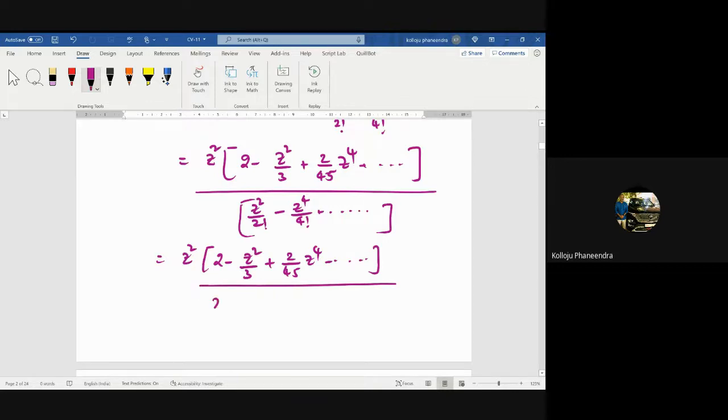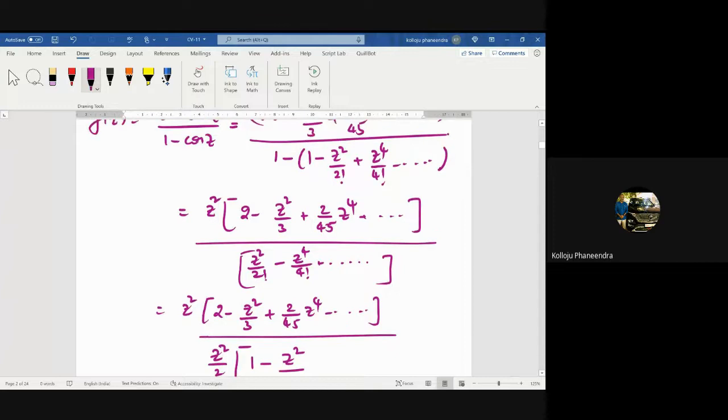Let me take z square by 2 common. So what is this? 1 minus z square by 4 factorial and 12. 12 means 6 will be there. Isn't it correct? Any corrections?